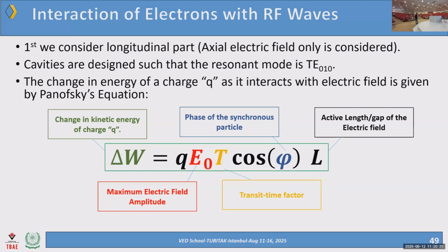I will go against this for a moment. Synchronous particle, I will talk about it. Consider this is the phase of this electric field, which has a maximum at E naught. But this E naught will keep on moving in time.